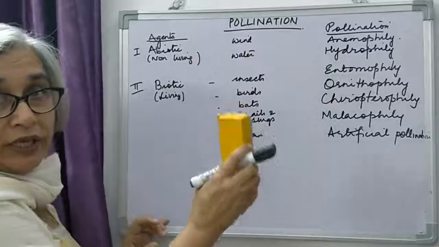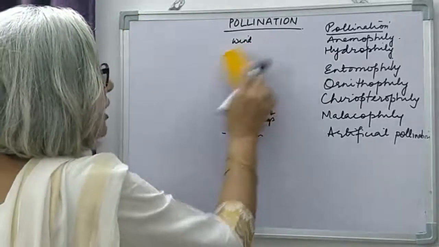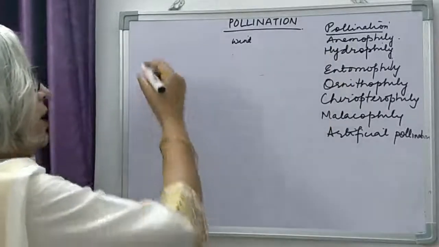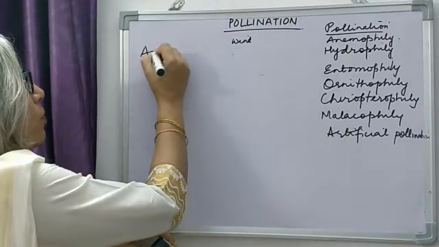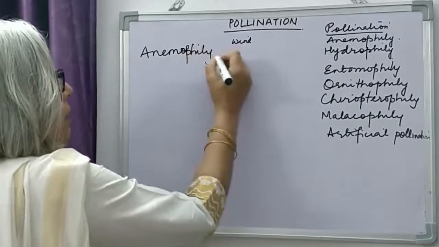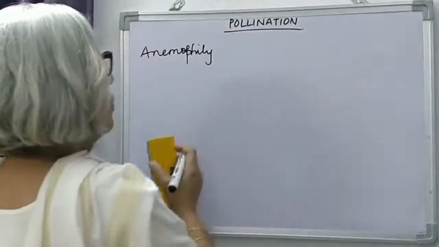Anemophily means pollination by wind, as it is indicated here. Anemophily is pollination by wind.